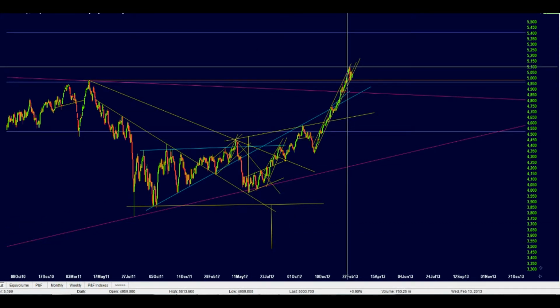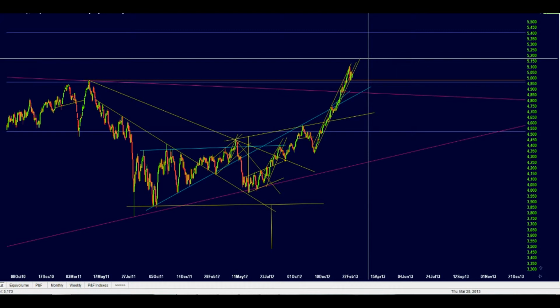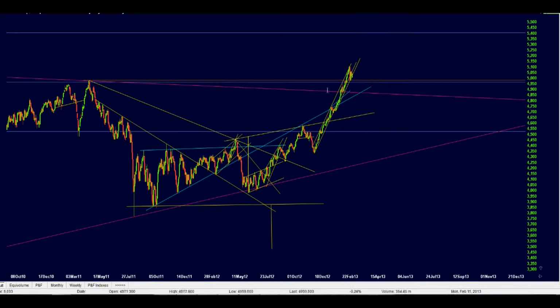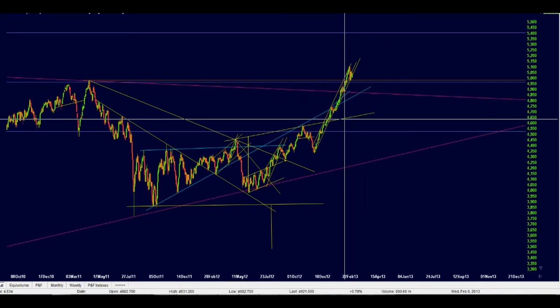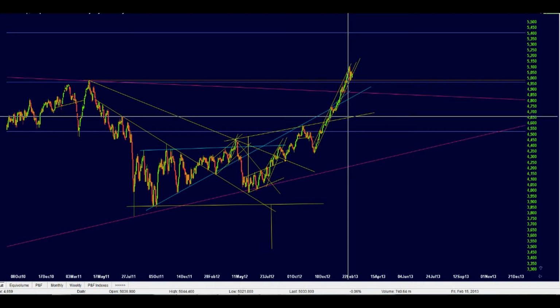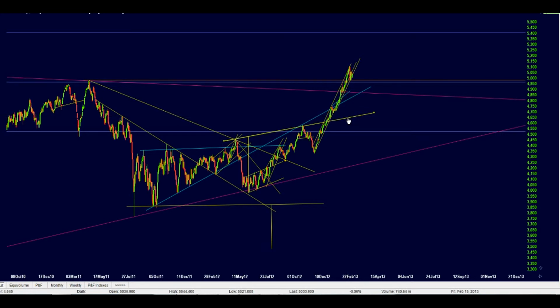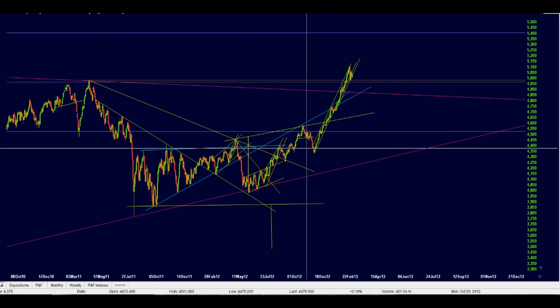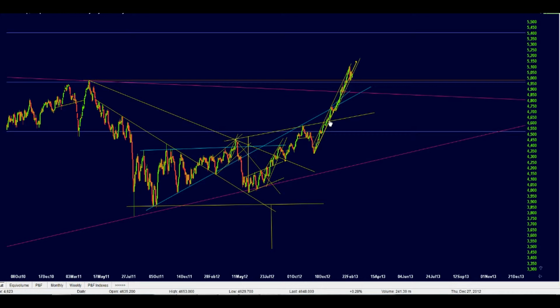I mentioned in one of my videos, or maybe 2 or 3 videos, that we had this long-term inverted head and shoulders pattern, but to be honest, I wasn't too sure whether this was a genuine inverted head and shoulders pattern or not, pretty much because of the symmetry of this pattern. It looks like one, but at the same time it looks a little bit funky, and I wasn't really willing to make a confirmed call.